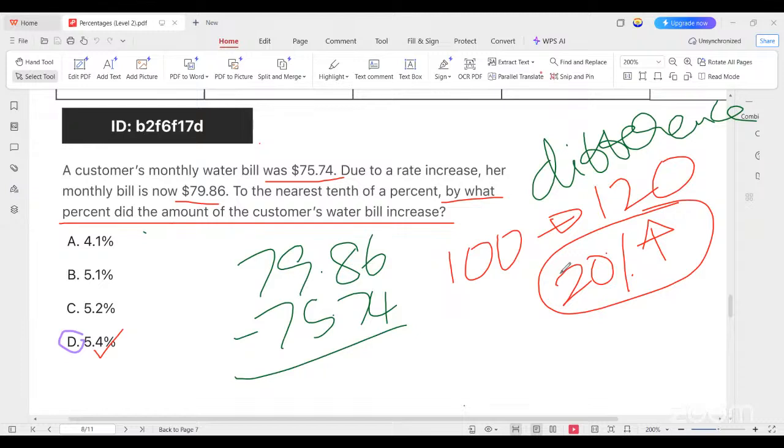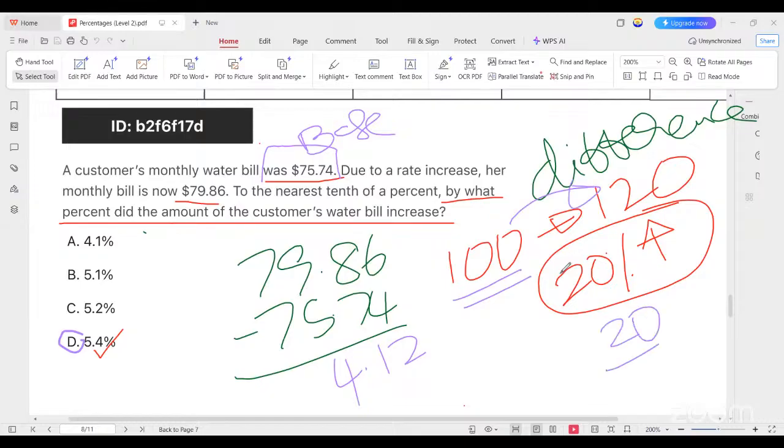We have to find that first. 4.12. How much percent is this on the base price? Here the base is 100. 100 becomes 120, the extra is 20 on 100. This is nothing but 20%.